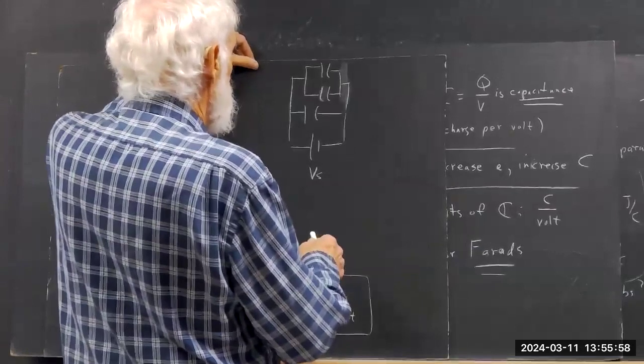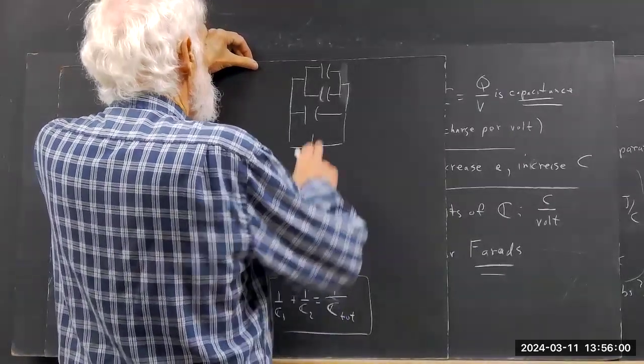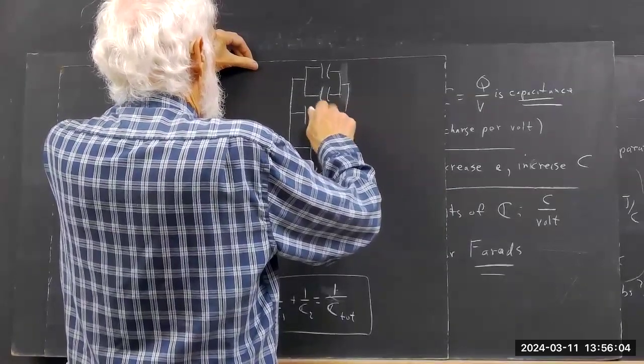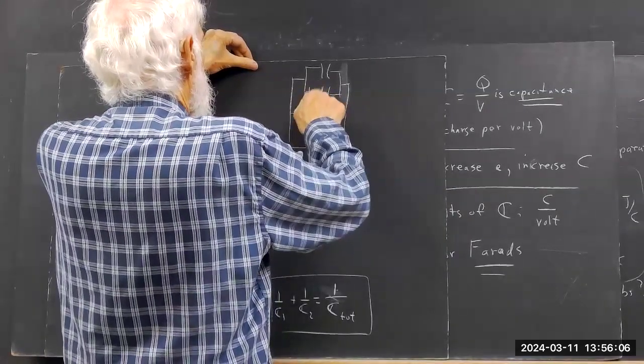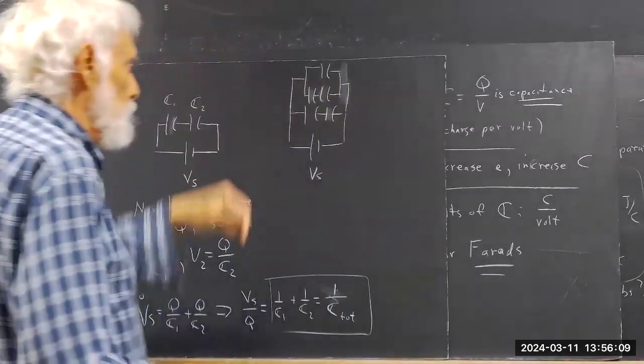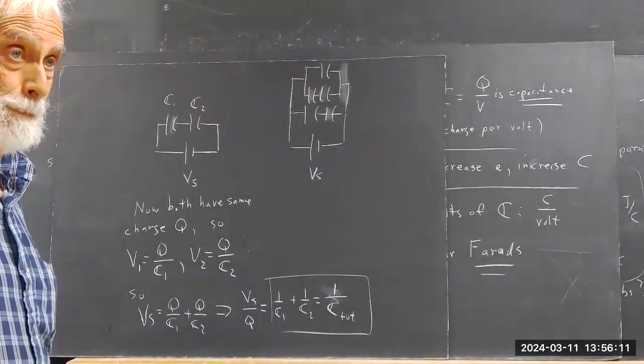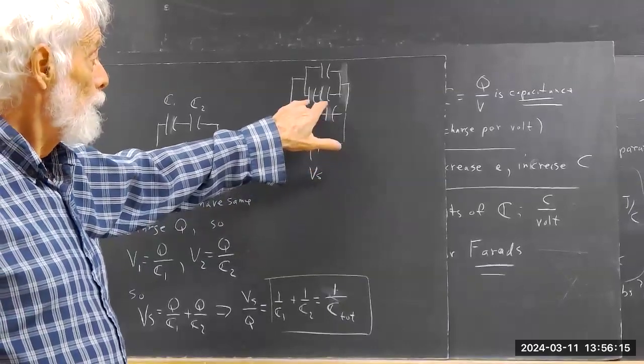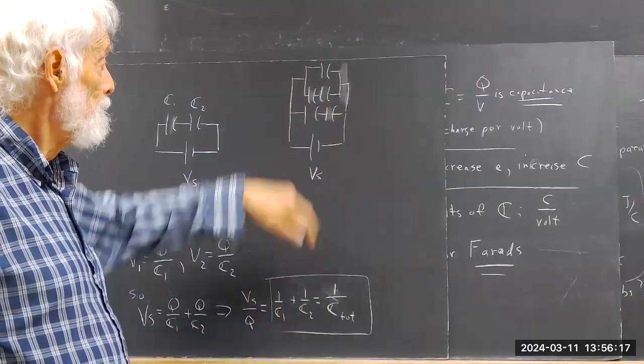You could even make it more fun. You can put a couple of them in here. And you can put an extra one in one of these and start asking questions. Okay. You know, the charges on these have to be the same. You know, the charges on these have to be the same.